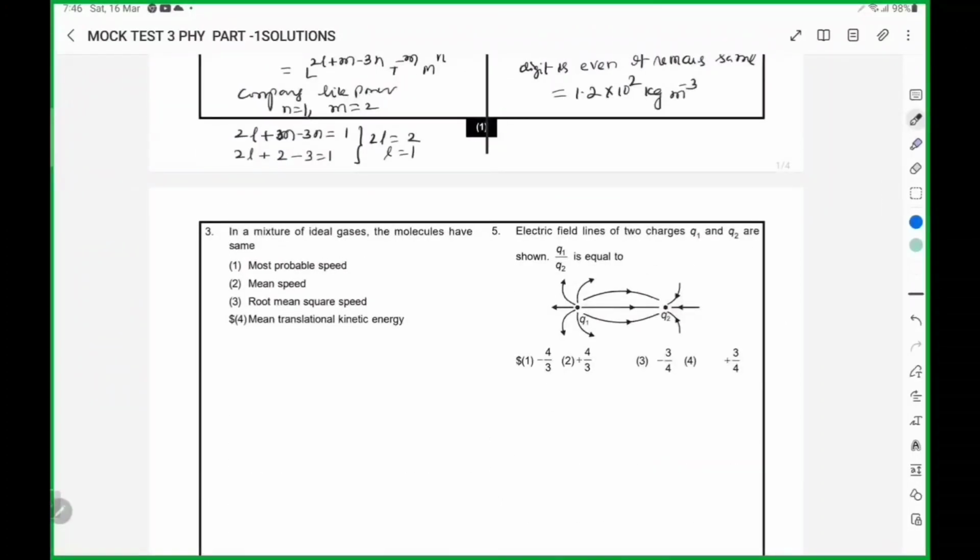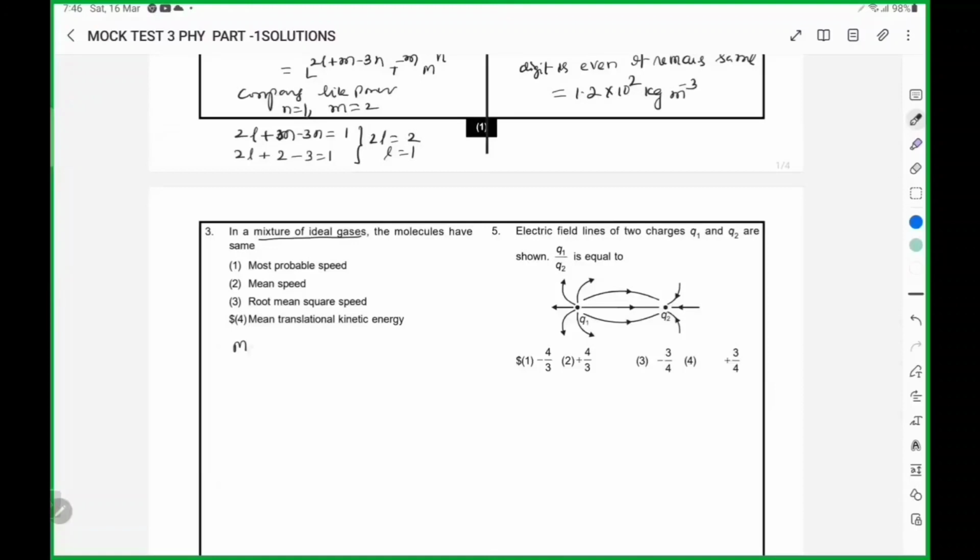Here, in a mixture of ideal gases, the molecules are of different ideal gases with different molecular weights.